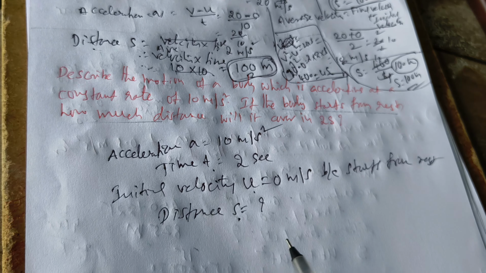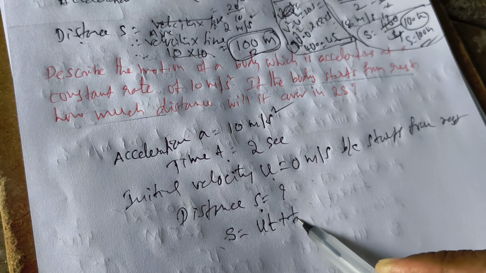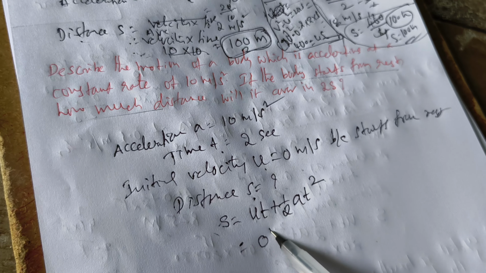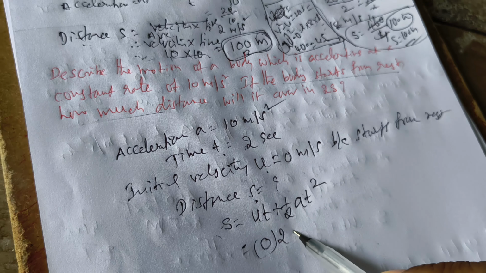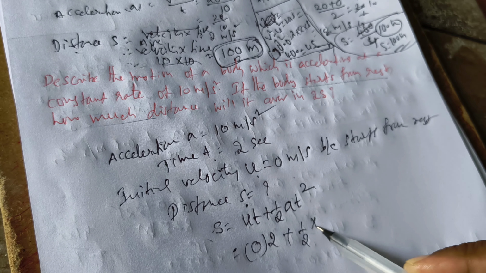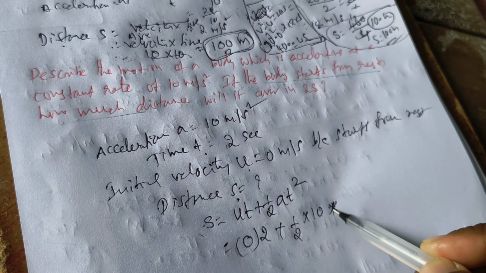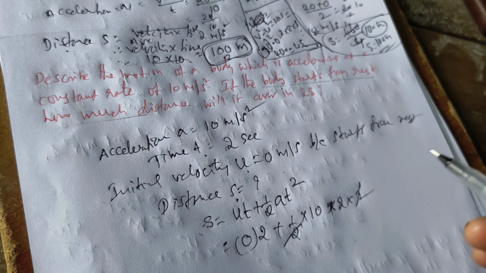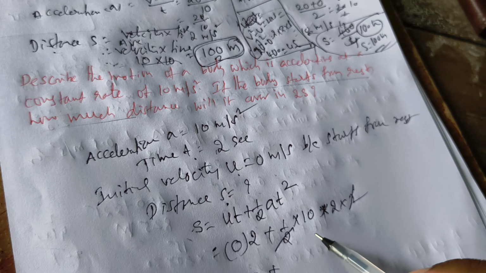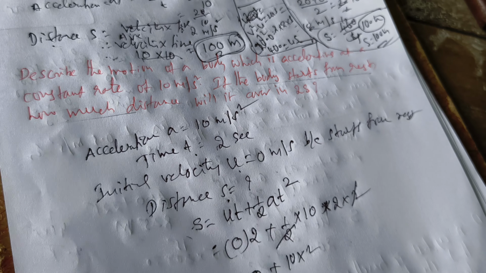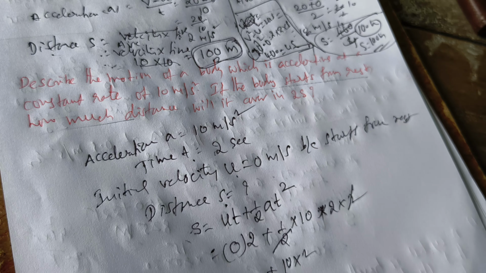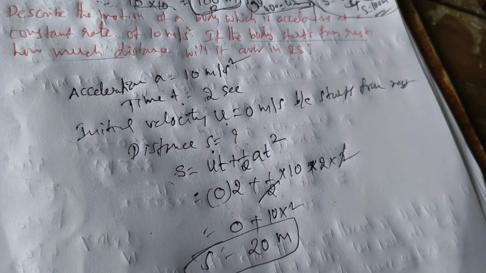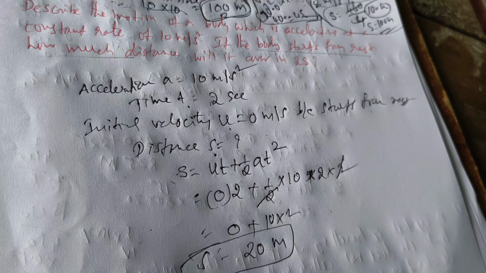S is equal to ut plus half at square, that is equal to 0 into 2 seconds plus 1 by 2, acceleration 10, into time 2 seconds into 2, so the 2 and 1 by 2 get cancelled here. 0 plus 10 into 2, that is equal to 20 meters. So the distance covered here is 20 meters.